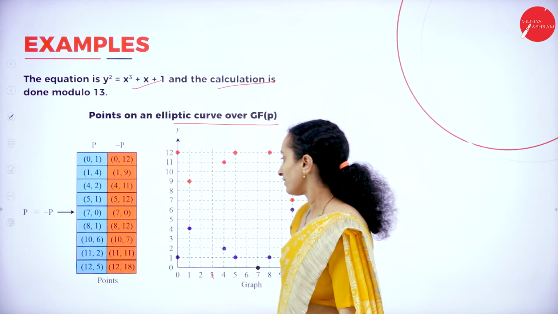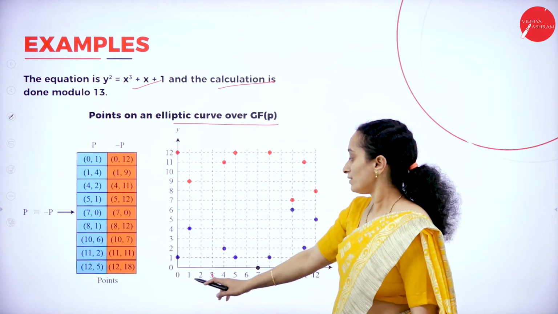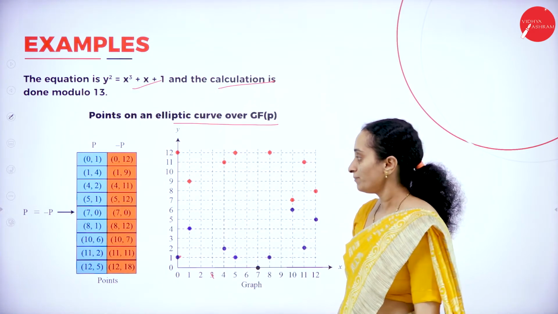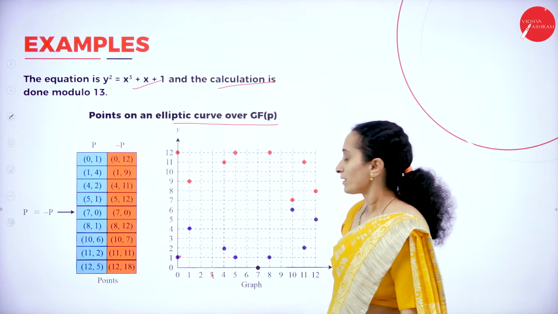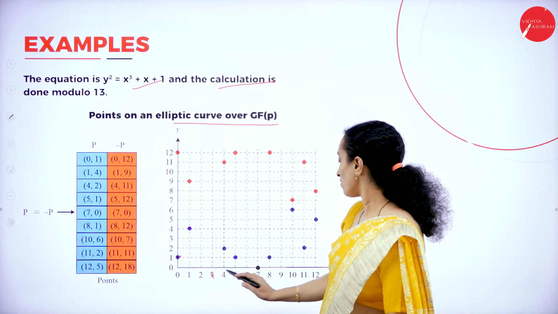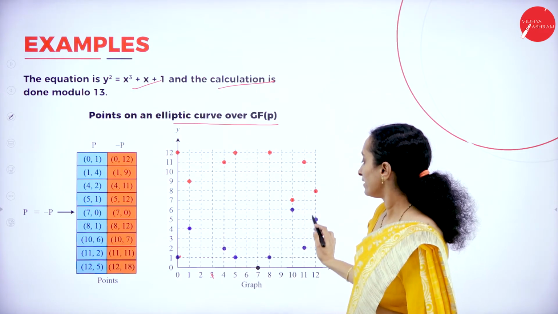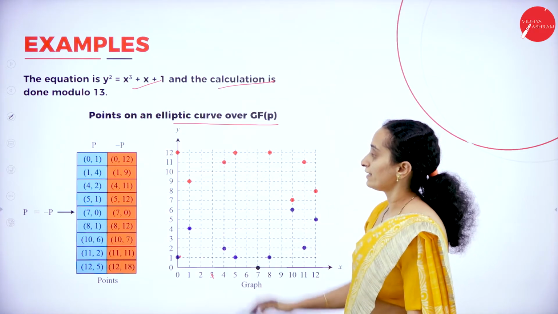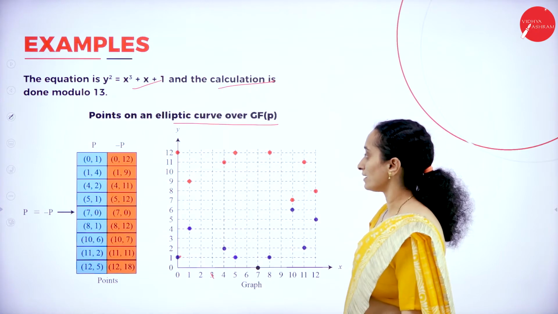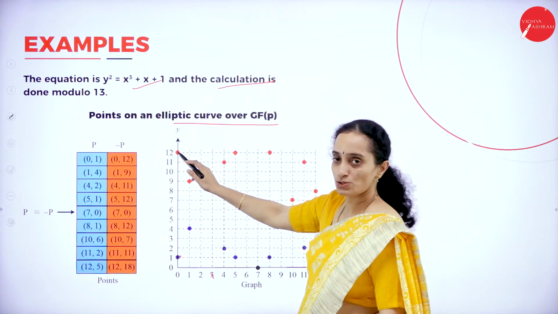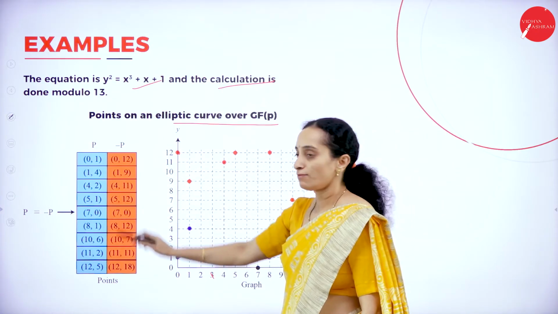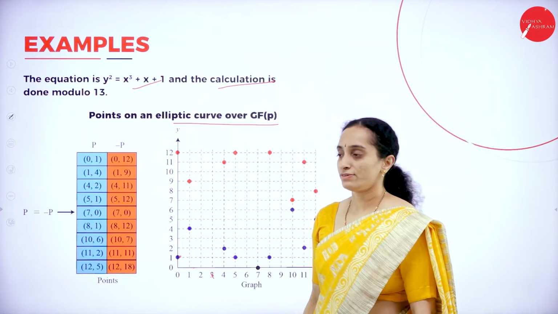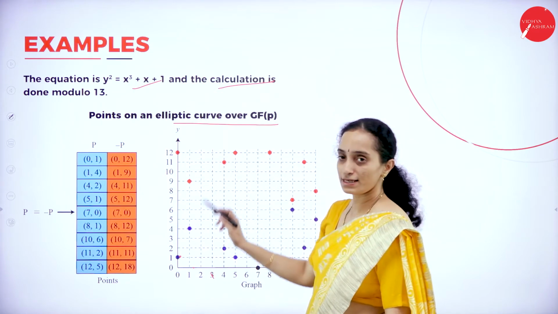P is one of several points, like (0, 1) in the x and y direction. Minus P will be (0, 12), so the negative point to be considered is (0, 12). Then we have (1, 4), whose additive inverse is (1, 9).